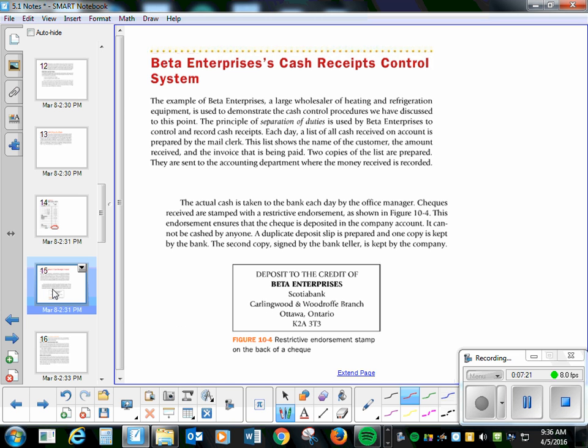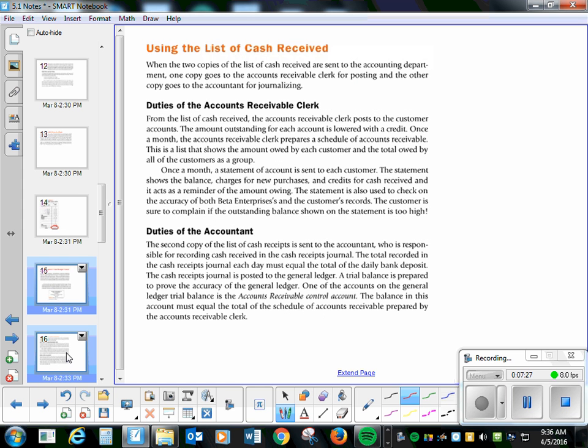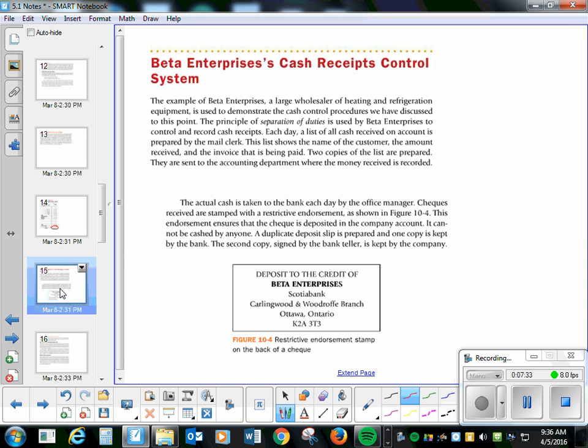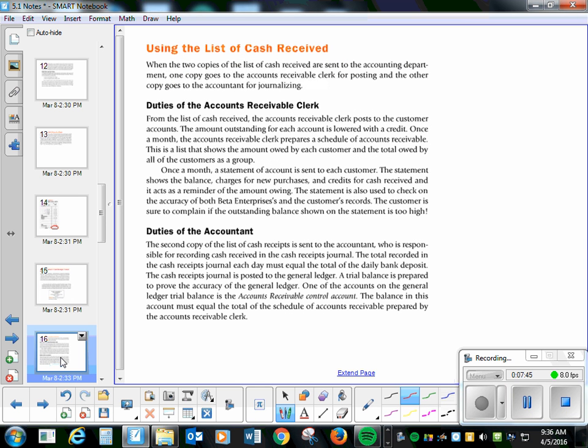Beta Enterprises cash receipts control system. So this is just an example of how they would use this. I don't know if I need to go through that with you. What it's basically talking about is when cash is being deposited, it goes through 4 different hands: the person who's counting it, the person who takes it to the bank, and then it goes to the accounts receivable clerk and the duties of the accountant.